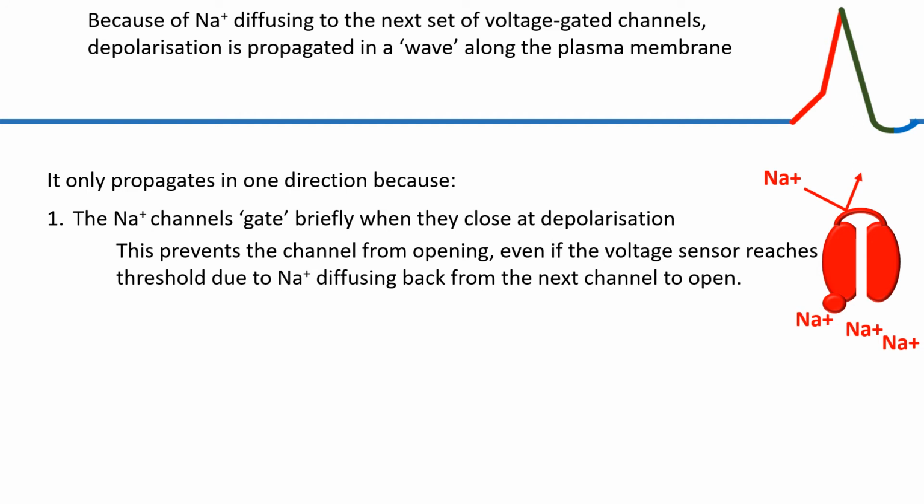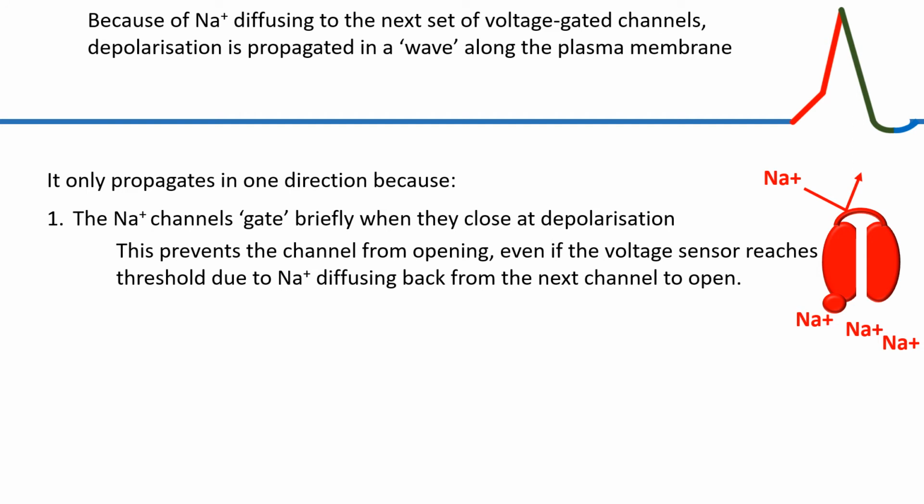Because, of course, we've still got all this sodium floating around and it diffuses in both directions. So if it diffuses back to a previous sodium channel, the risk is that it could take that channel behind to threshold, and if it opened, then we would be propagating backwards. We don't want to propagate backwards.